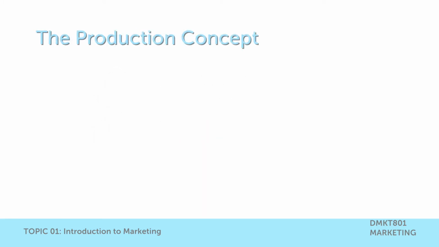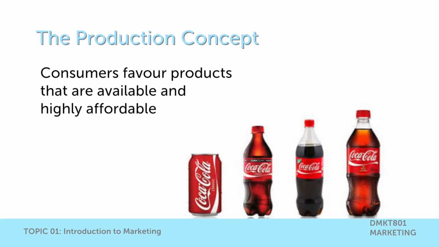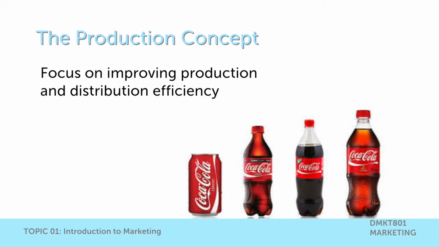The production concept holds that consumers will favour products that are available and highly affordable. Therefore, management should focus on improving production and distribution efficiency. This concept is one of the oldest orientations that guides sellers. The production concept is still a useful philosophy in some situations.